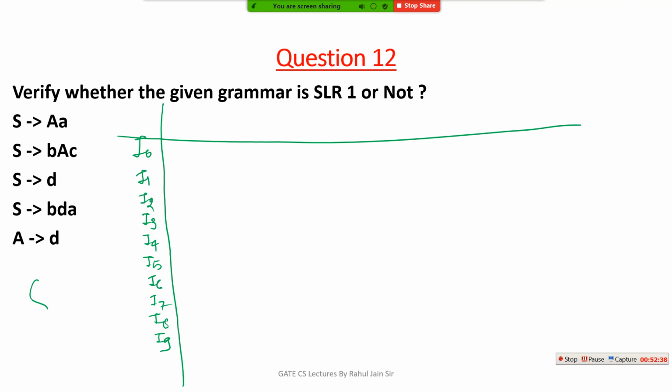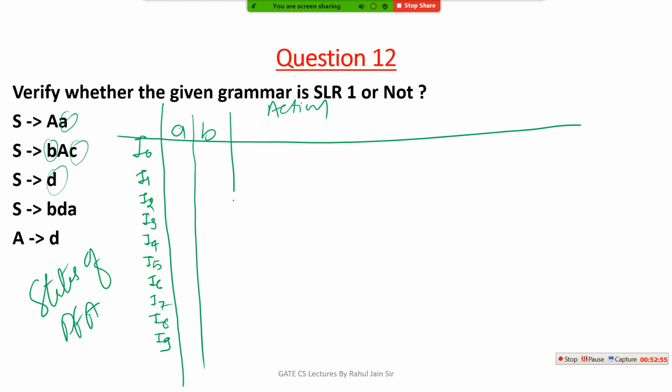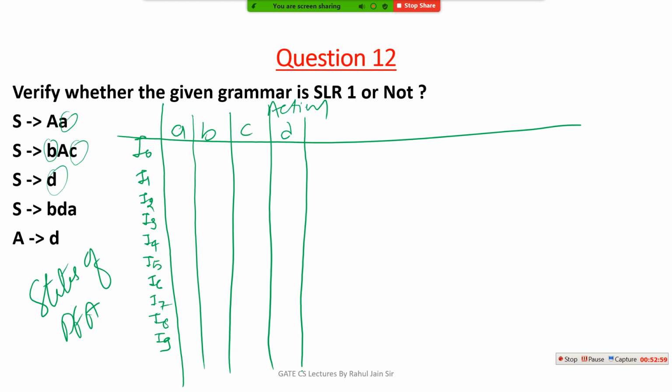In the action table entry, I need to take a, b, c, d, and dollar is always part of the action table.